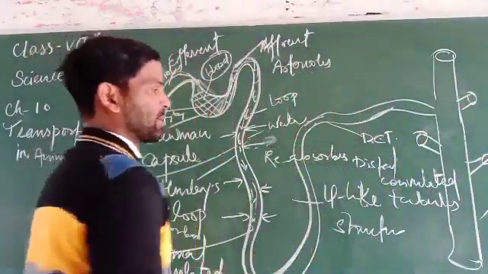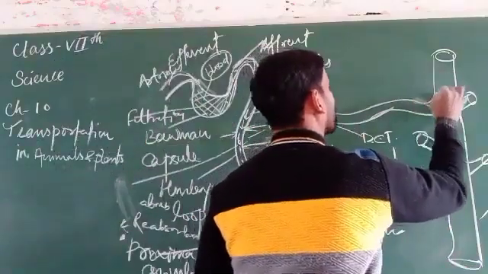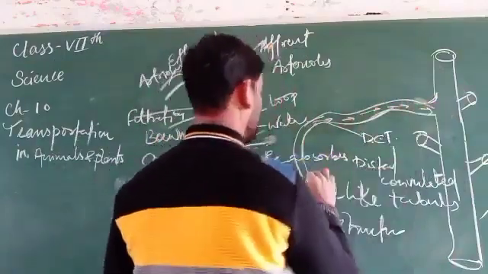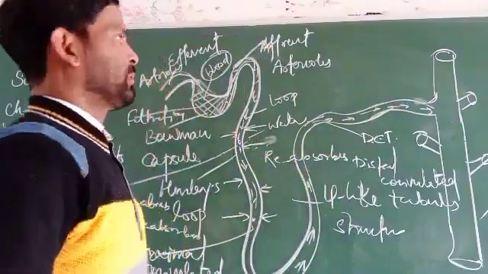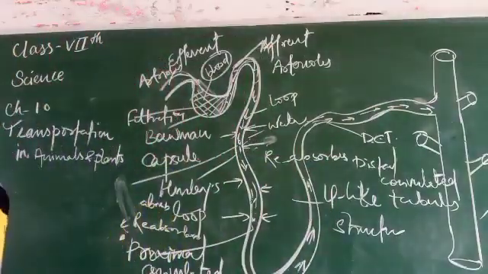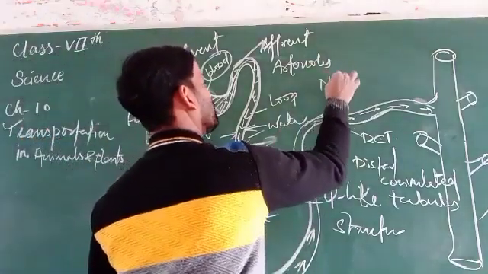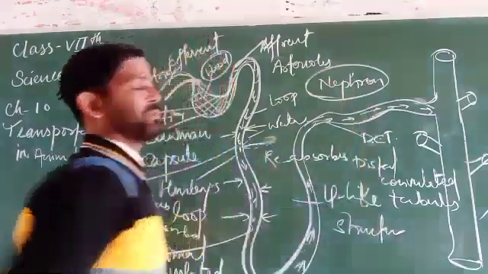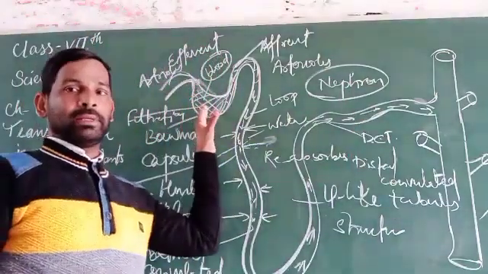Now the waste material has to be moved out through urination, so that the impure water, that is the waste water, is removed. This is the special structure of the nephron, and its most important function is to filter the blood.